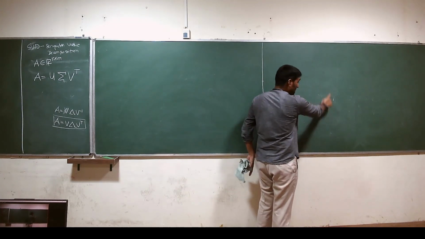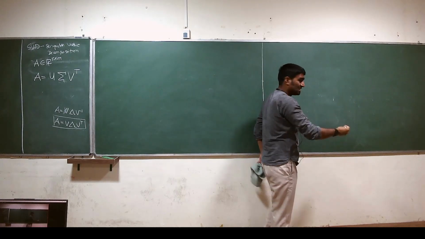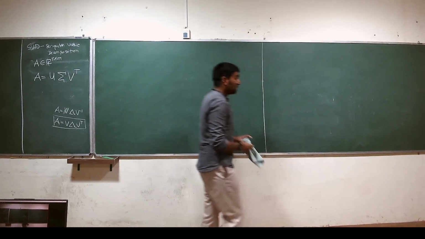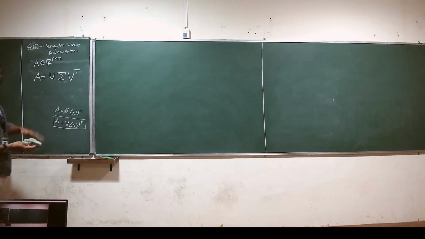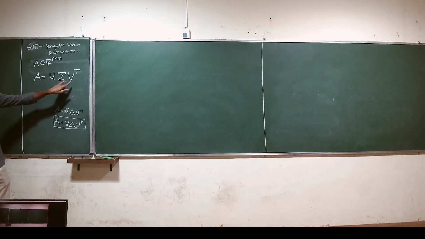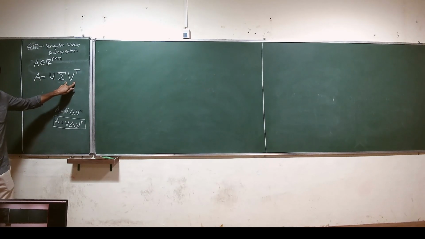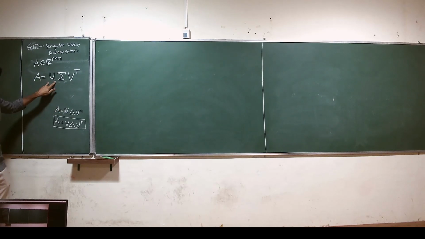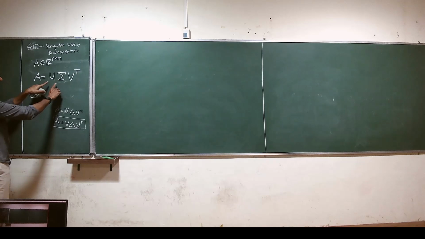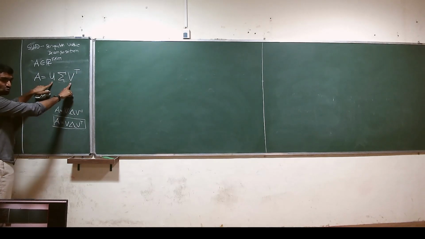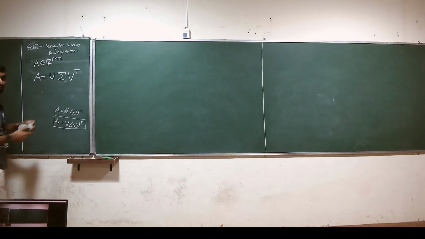The V inverse was because it was not an orthonormal basis. It was just an arbitrary basis. But the SVD says for any matrix A, there exists an orthonormal basis for the input space, which is V, and an orthonormal basis for the output space, which is U. And the equivalent representation of A in these two bases has a diagonal form.